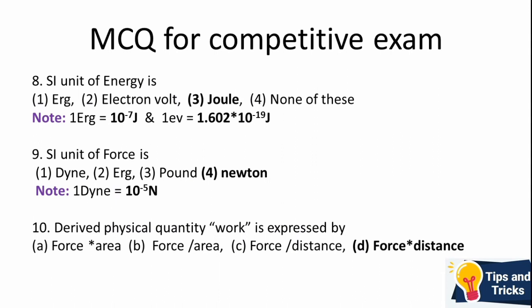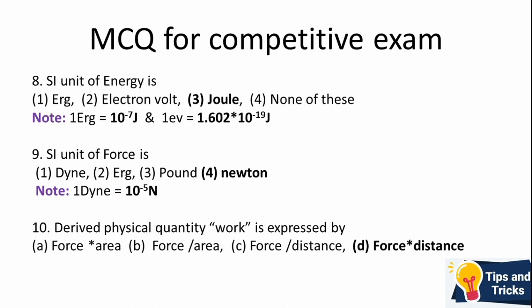Joule is a SI unit of energy. So the correct option is option number 3. So SI unit of energy is joule. So some of the important conversions we need to remember are 1 erg is equal to 10 power minus 7 joule, and 1 electron volt is equal to 1.602 into 10 power minus 19 joule.